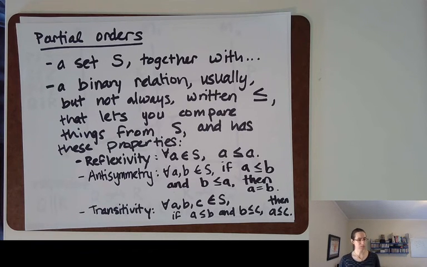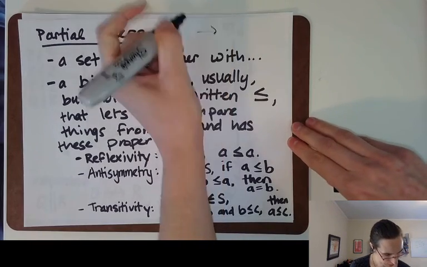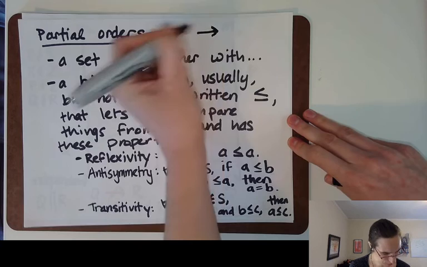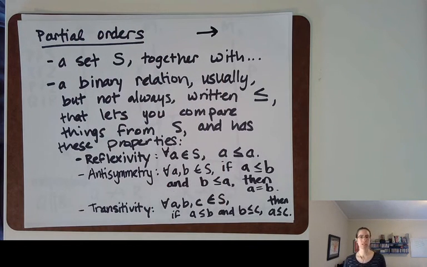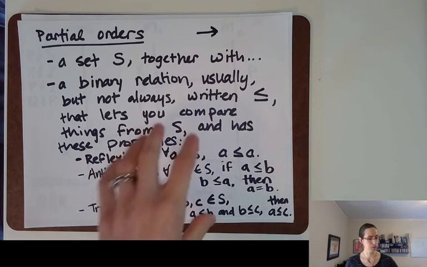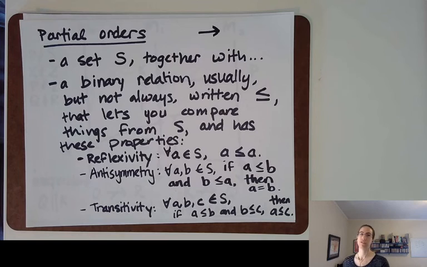I just claimed that the happens before relation is a partial order, but the happens before relation is actually a little bit weird, right? Because if we try to think about the happens before relation, which is a relation on events, and we try to think about how that fits together with this definition that I just wrote down, it's probably going to seem a little strange, right?